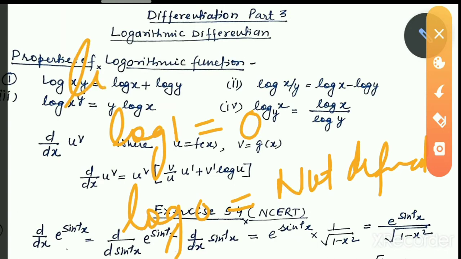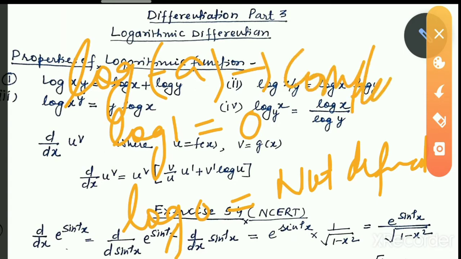And log of any negative number, suppose minus a, will be complex, and we shall not differentiate them because we are dealing only with logarithmic functions which give us real values. Also, in our entire syllabus there will be no discussion of complex functions. We are only discussing real functions.